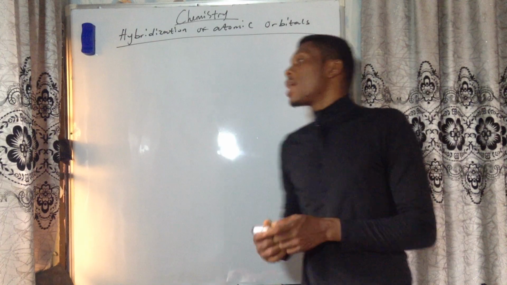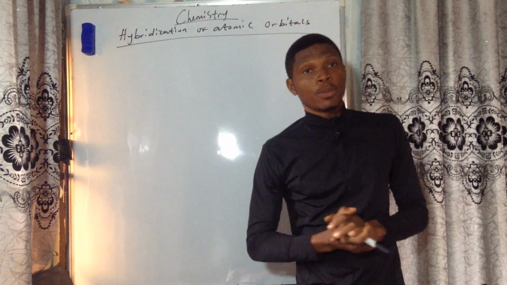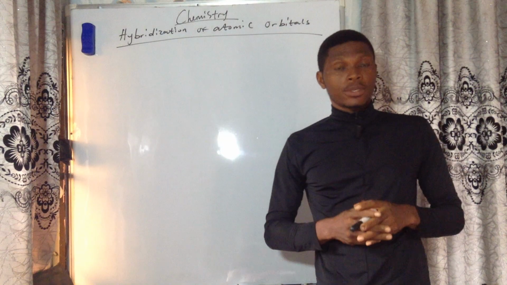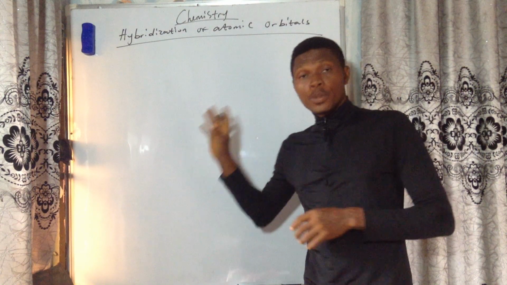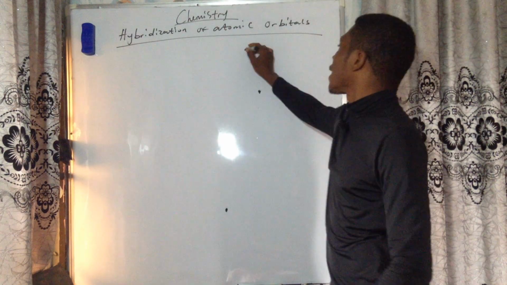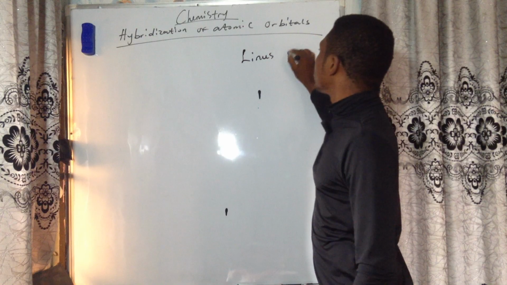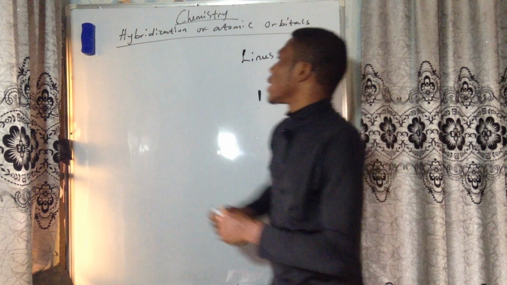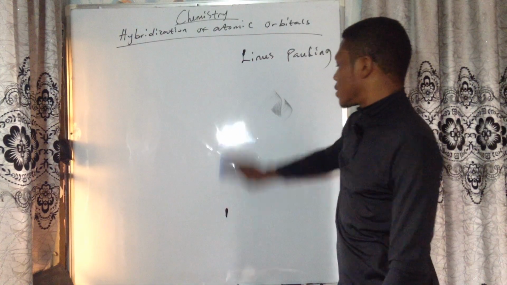Now, today we have a very interesting topic on the board called hybridization of atomic orbitals. This theory was developed by a man called Linus Pauling. Yes, it was developed by this man, an American chemist.